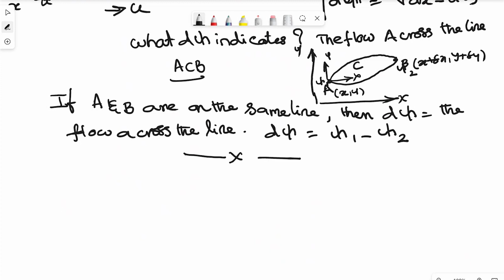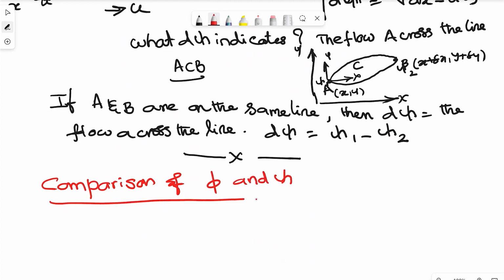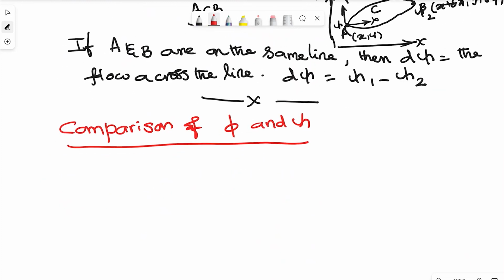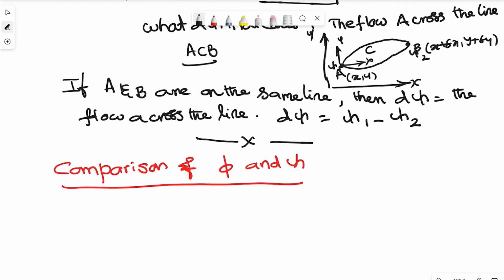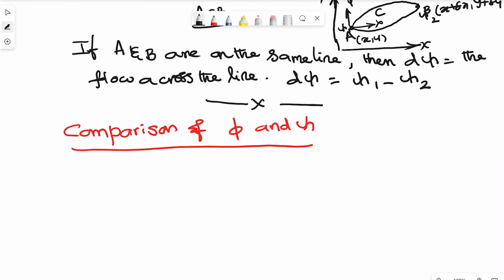Now, what is the comparison of phi and psi? We just now mentioned u is equal to minus dou phi by dou x and v is equal to minus dou phi by dou y.